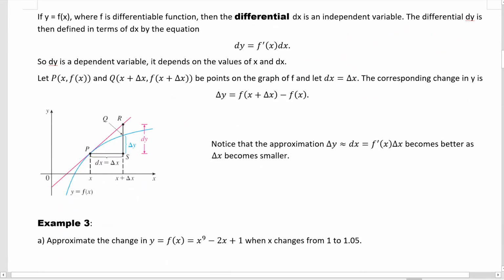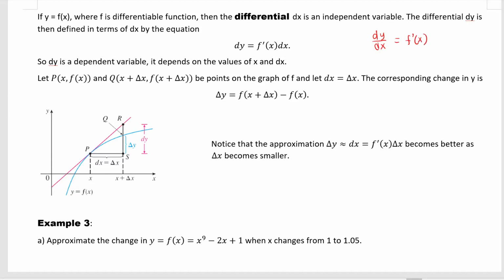Let's go to the next topic. Okay, if y equals f of x, where f is a differentiable function, then the differential dx is an independent variable. The differential dy is then defined in terms of dx by the equation. Well, do you remember we know dy dx is f prime of x?